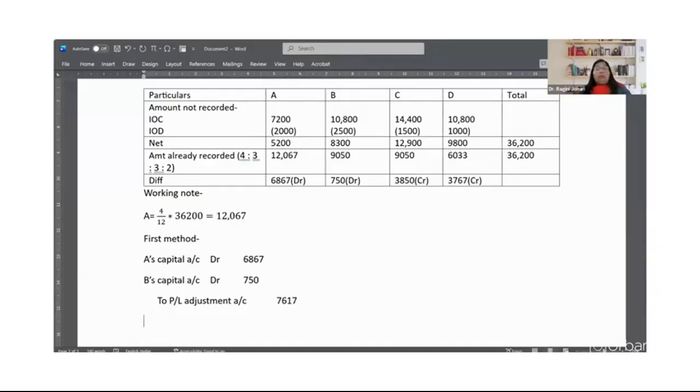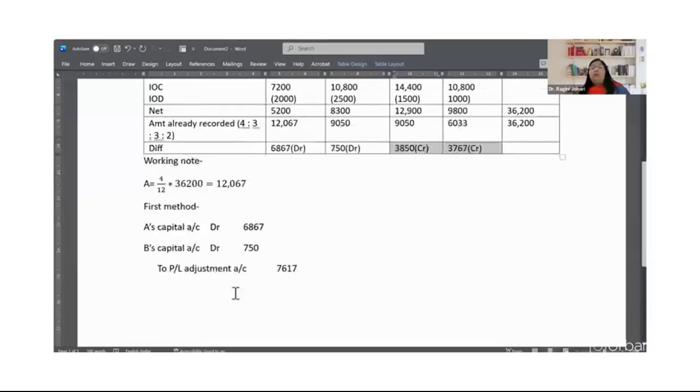Now if I total these two amounts, 3,850 plus 3,767, I should get the same amount, 7,617 again.